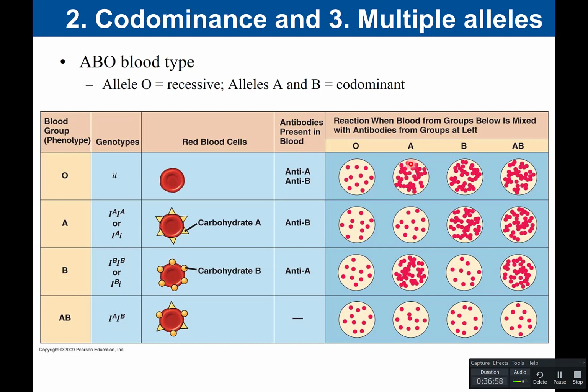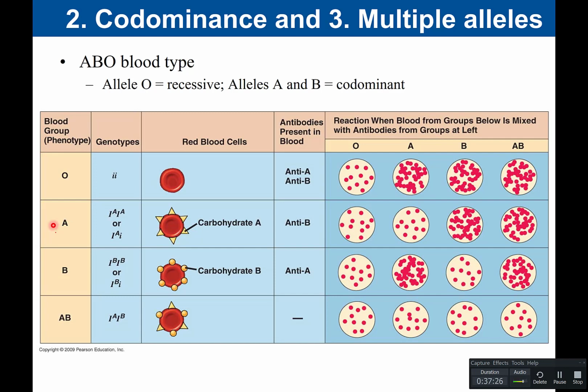If given A blood, it causes the blood to do this agglutination, or this clumping. People who are type O cannot receive B blood because, again, B is seen as foreign, since somebody who's O makes anti-B antibodies. And somebody who's O cannot receive AB because both A and B are seen as foreign.